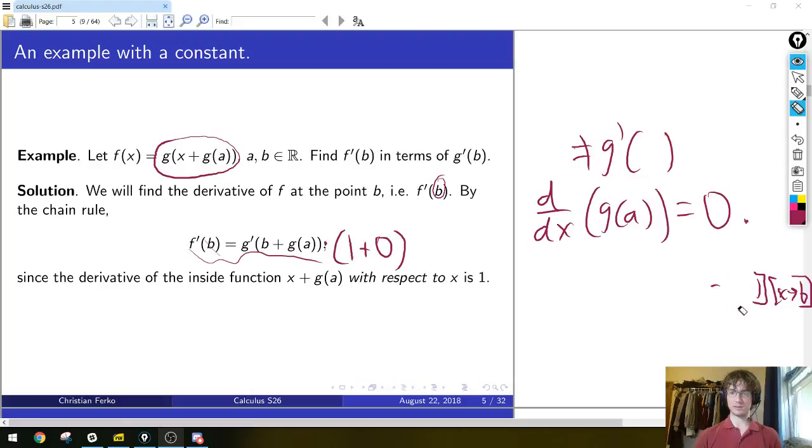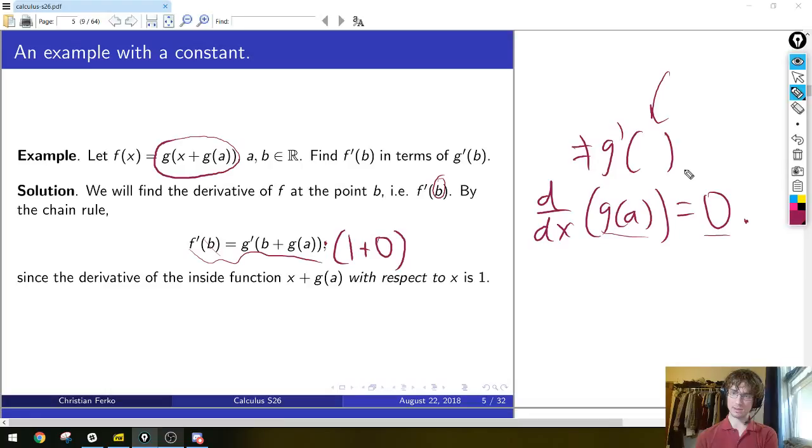Or are you asking for more explanation for why this is not equal to anything involving g prime? Are you asking for more detail on why this thing is 0 and not something involving g prime? Or unpack the question is what I'm asking you to do.